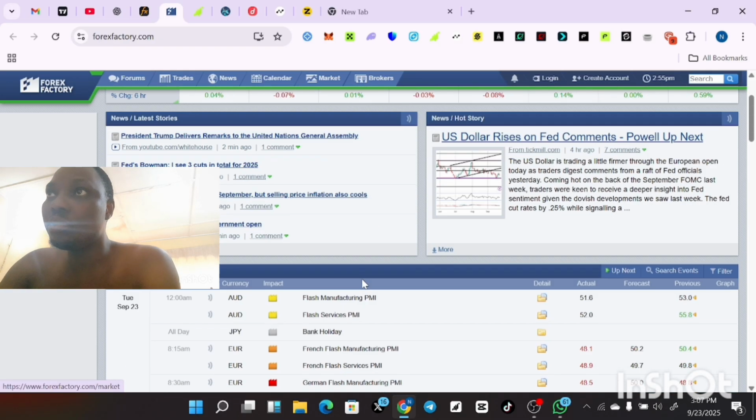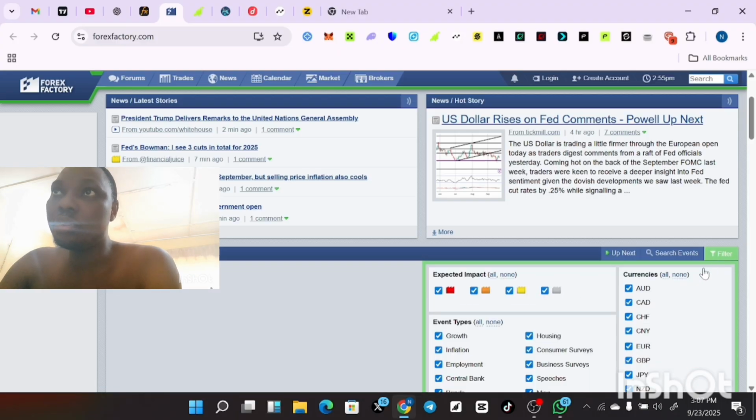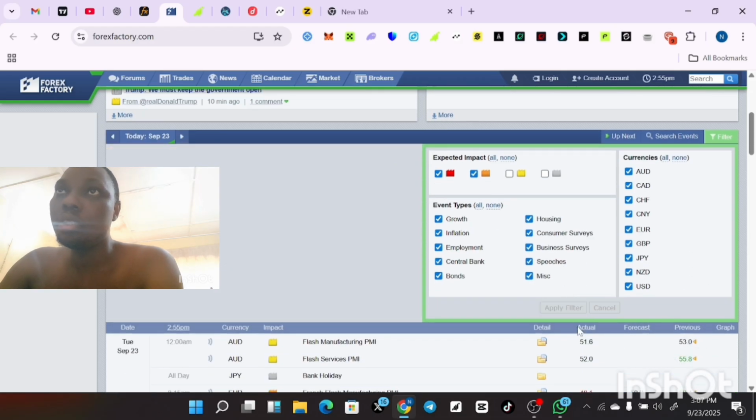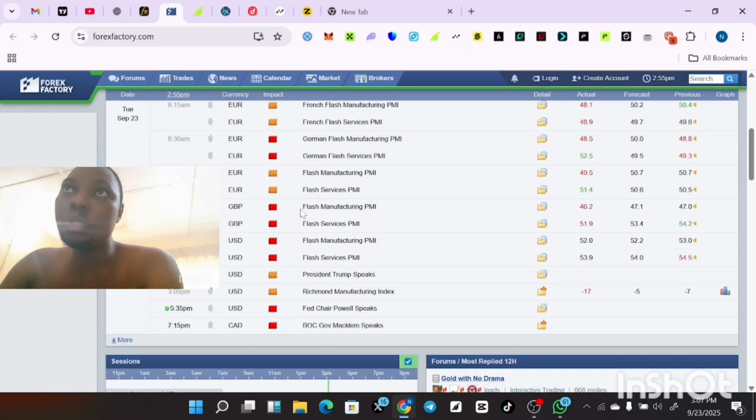Then you can filter this website by clicking this filter here, taking out the unimportant ones, then apply filter. Doing this, it will leave you with just the important news. Pay attention to the red folder news.